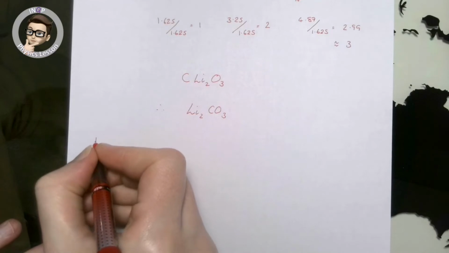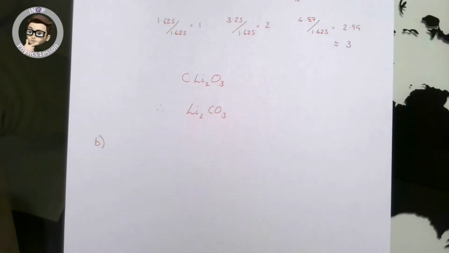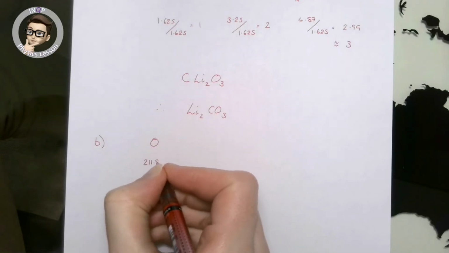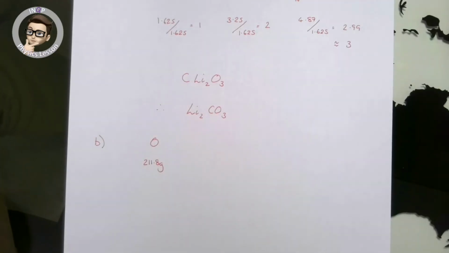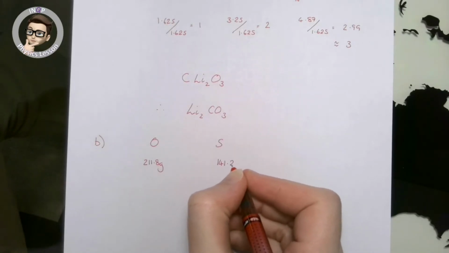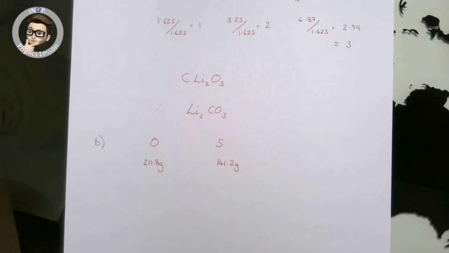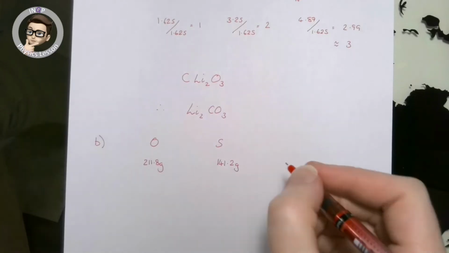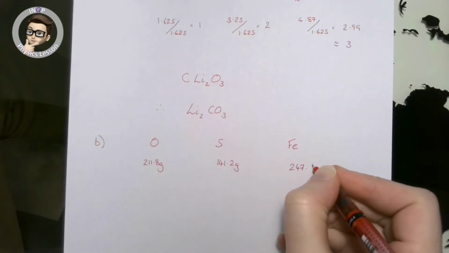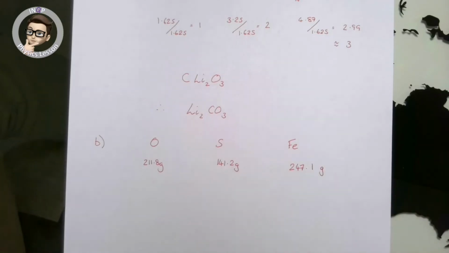Let's have a go at that one. This time I've got 211.8 grams of oxygen, 141.2 grams of sulfur, and 247.1 grams of iron.